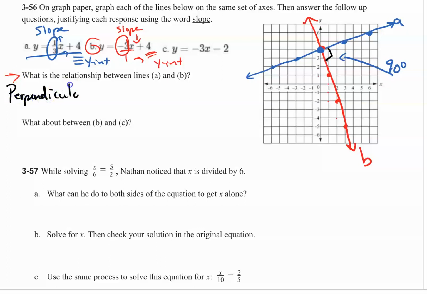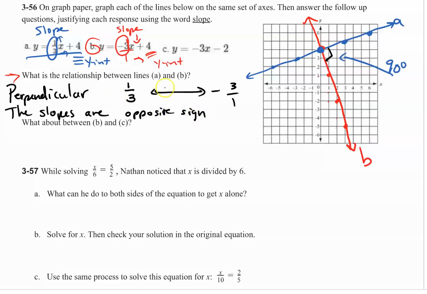So check your notes, of course. But if you look at 1 over 3, that's this slope, and this one is negative 3 over 1. The slopes are opposite sign. One's positive, one's negative. And there was one more condition for perpendicular.